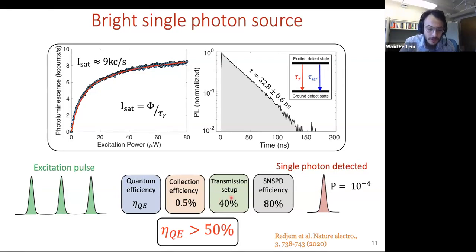The transmission of the setup is also lossy, and so is the detector efficiency. Well, in that sense, we are not limited by the detector efficiency because it's almost 100%. We are mostly limited by the collection efficiency, since a lot of photons stay trapped in silicon. With all these numbers, we can estimate 50% quantum efficiency, which is a lower bound, but it's probably higher, so it is a very good single photon source. You can make it faster also by embedding it into a nanophotonic cavity.